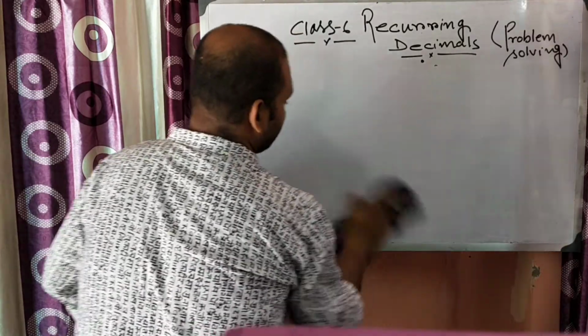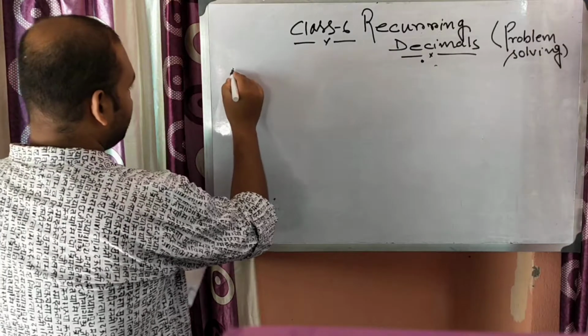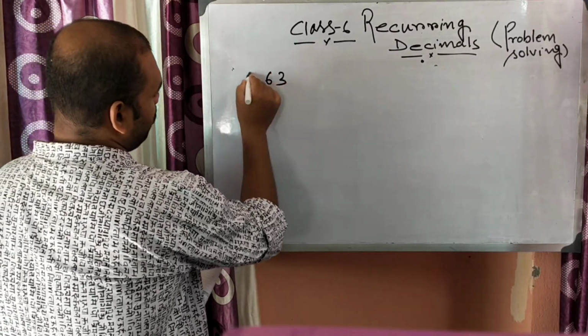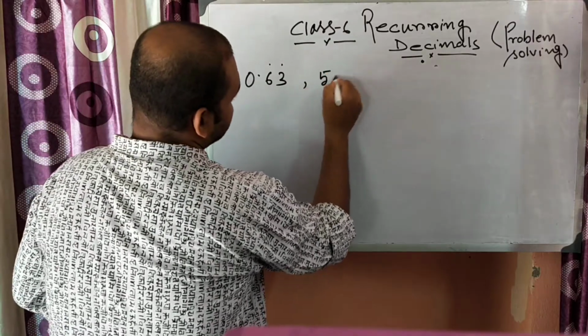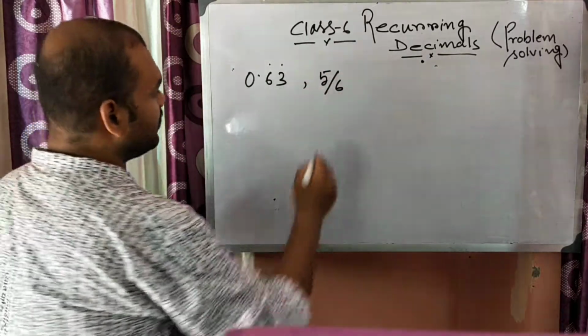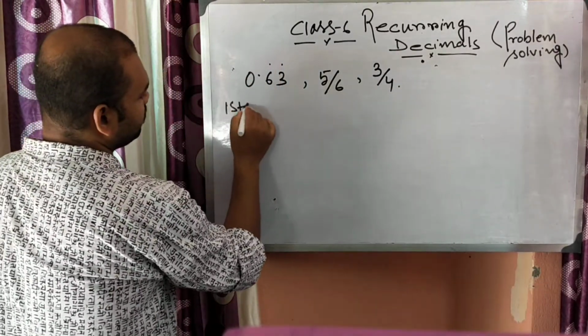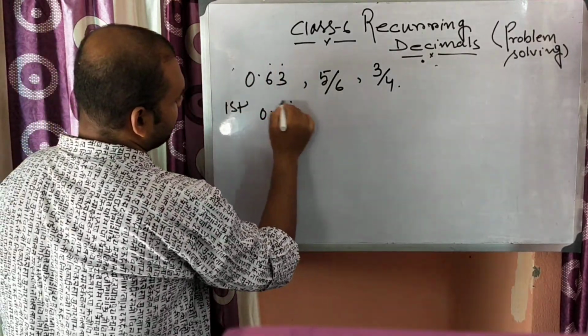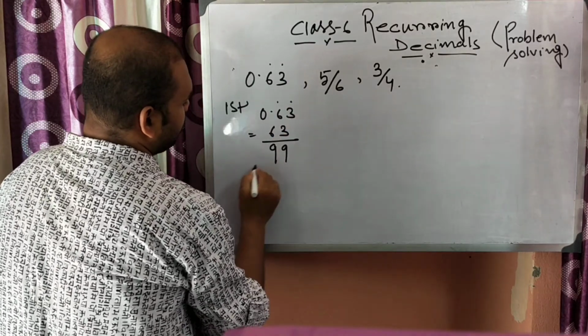Now there is another one. In that case 0.63 recurring is there, then 5 by 6, and last 3 by 4. Now the three terms: the first term 0.63 recurring will be 63 by 99. Can it be cancelled?